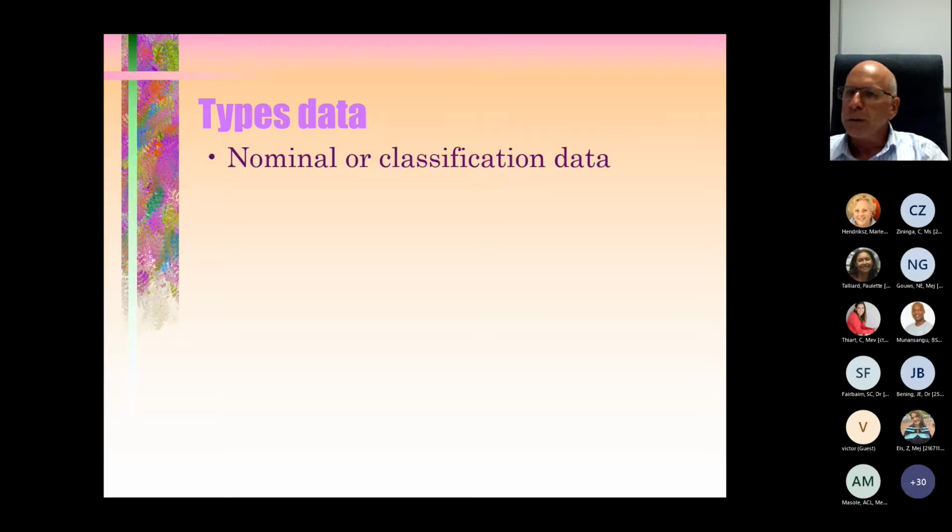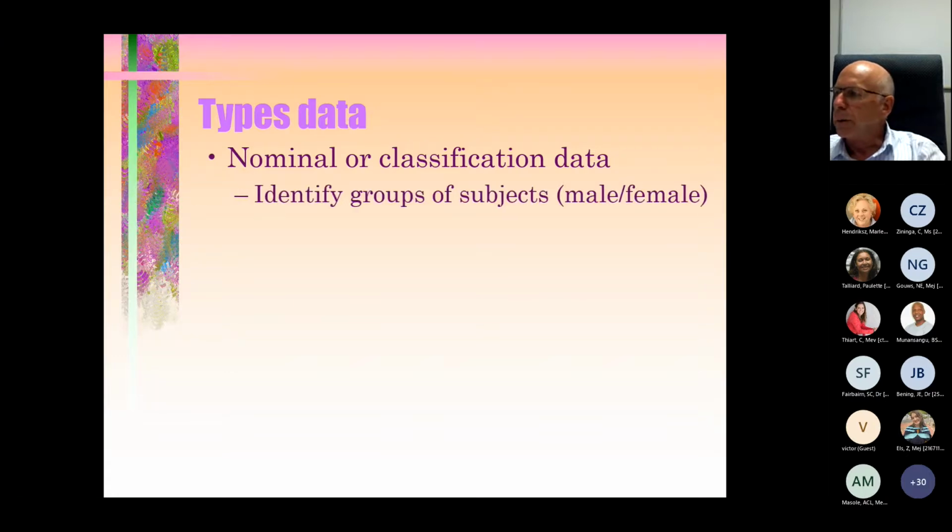So the first type is what we call nominal or classification data. It's typically data that is used to identify subgroups in your data set. As an example, if you have a variable called gender, which can be male or female, then it identifies two different groups.